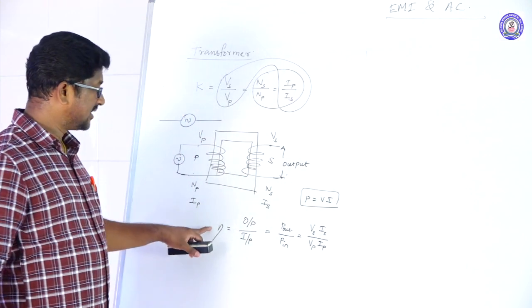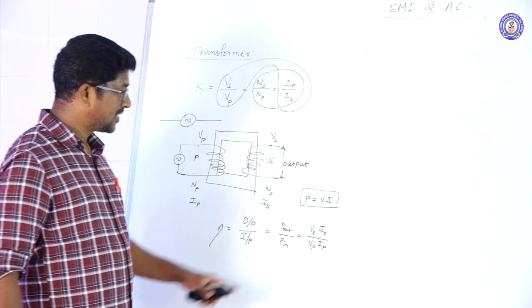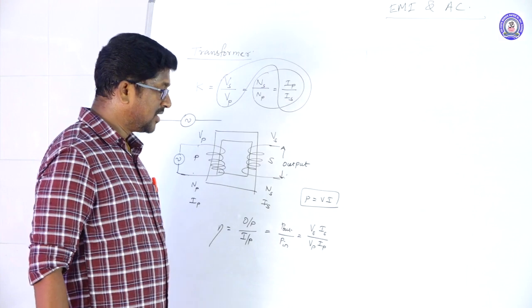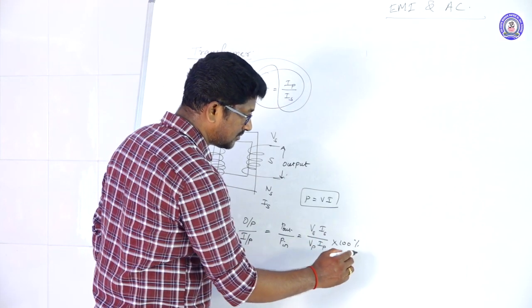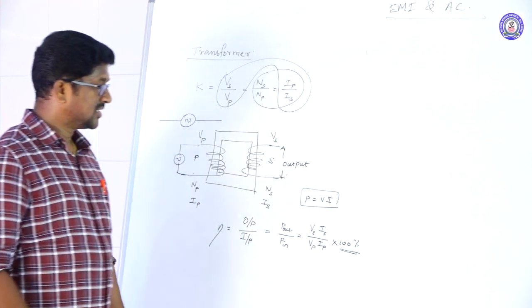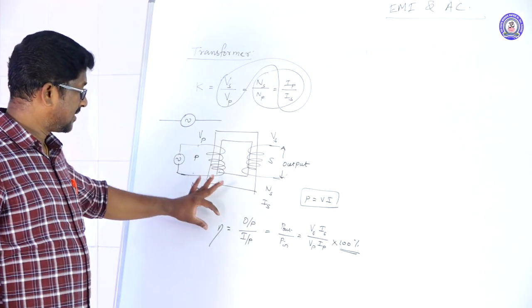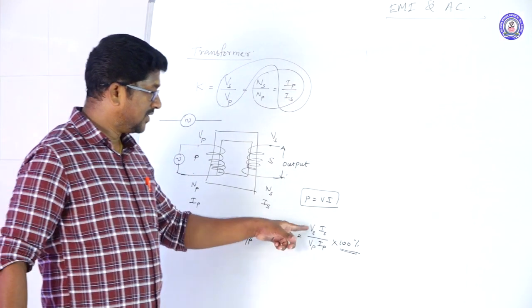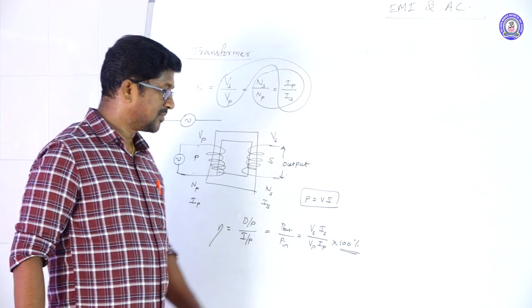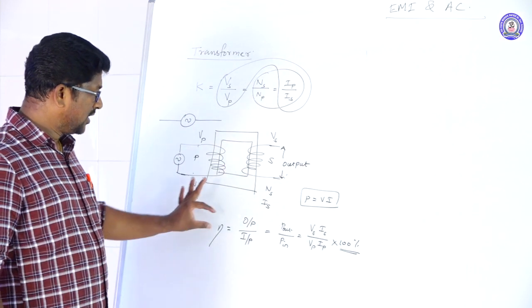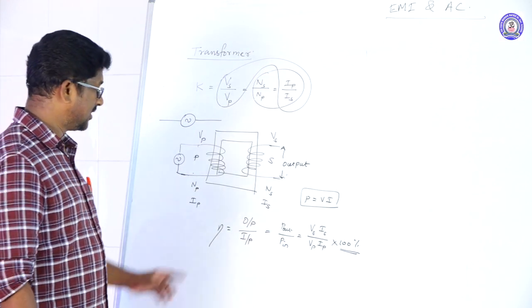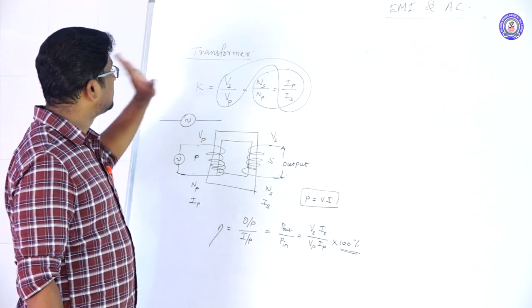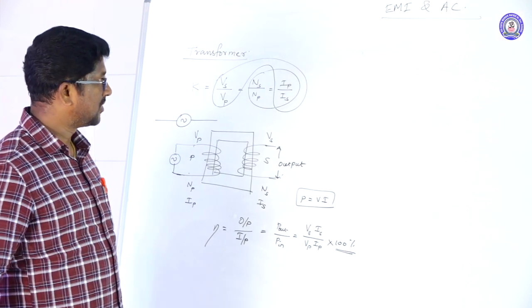So efficiency eta equals output power divided by input power, or Vs into Is divided by Vp into Ip, into 100%. So efficiency in percentage is eta equal to VsIs divided by VpIp into 100%. In fraction value, eta is equal to VsIs divided by VpIp. This is the efficiency formula, and this is the transformer ratio or turns ratio formula.